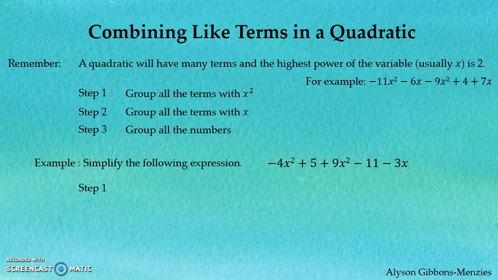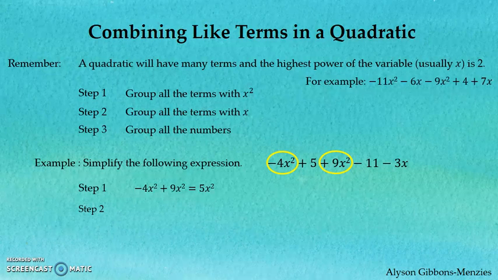So let's follow the steps. Step 1. Group all the terms with x squared. Minus 4x squared and plus 9x squared. Minus 4x squared plus 9x squared is 5x squared. Step 2. We've only got one term with x, minus 3x.